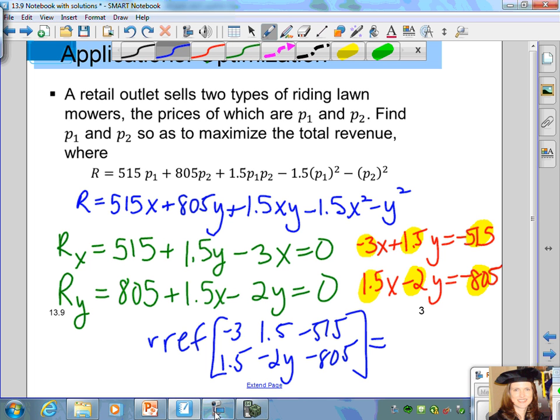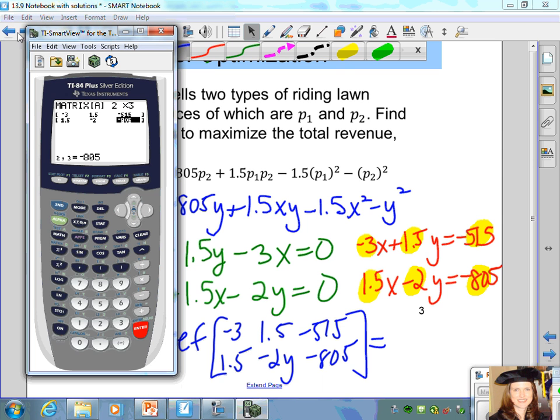Okay, so quickly with the calculator, I've already gone ahead and entered those values into the matrix. Again, you go to the matrix window and go to the edit tab and edit the first matrix. Now to get out of this screen, you do want to press second quit, and then go back to the matrix menu, choose the math tab, and scroll down until you see the command for RREF.